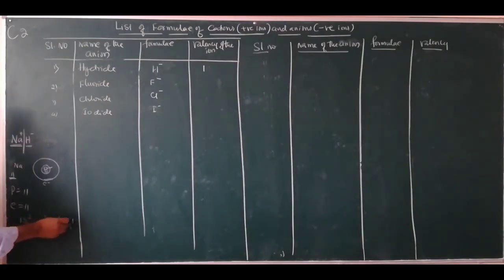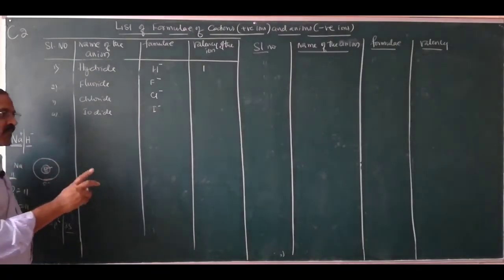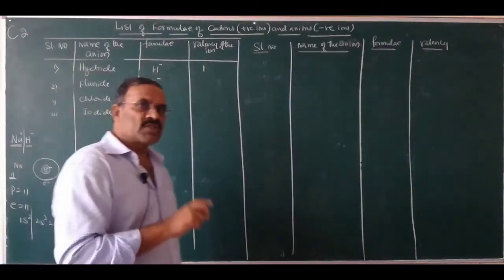So 11 electrons are distributed in this manner. 1s2 is first shell, 2s2, 2p6 is second shell, 3s1 is third shell. When an atom loses the last electron, it acquires one positive charge. If it loses two electrons, it acquires two positive charges.